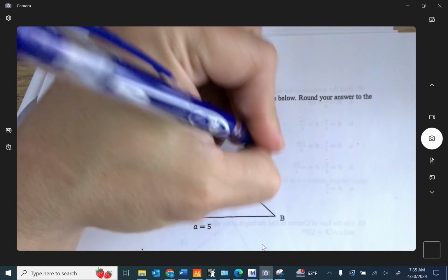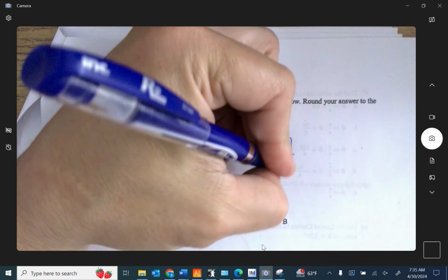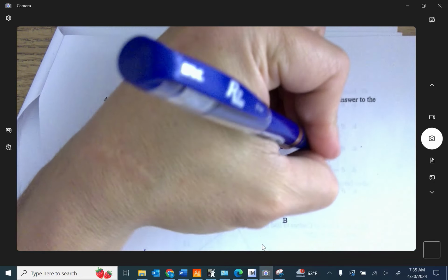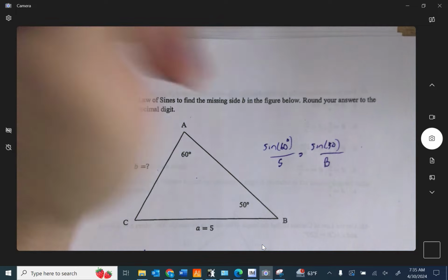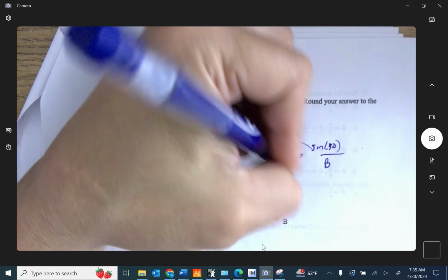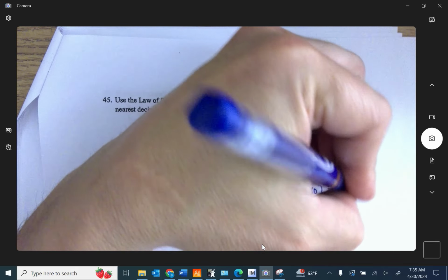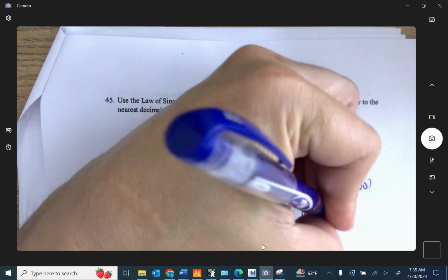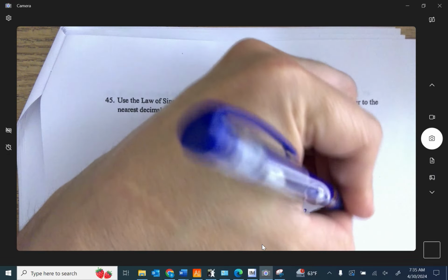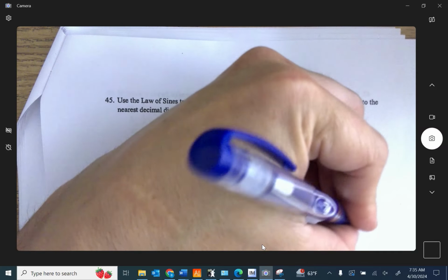So I know that the sine of 60 degrees, which is something I can actually evaluate by hand, compares to 5, as the sine of 50 compares to side B. I'm going to use uppercase, even though I shouldn't. So if I cross multiply, B sine of 60, which by the way I'm going to do something with, is equal to 5 sine of 50. So B is 5 sine of 50 over the sine of 60.